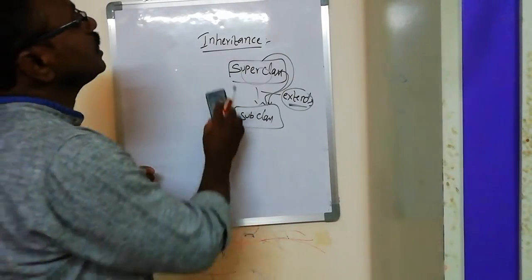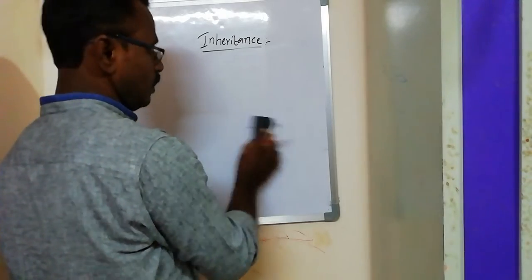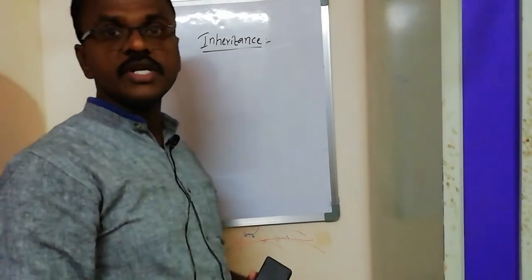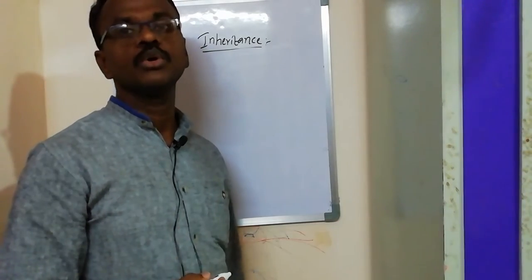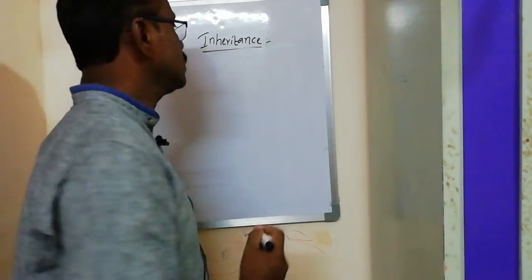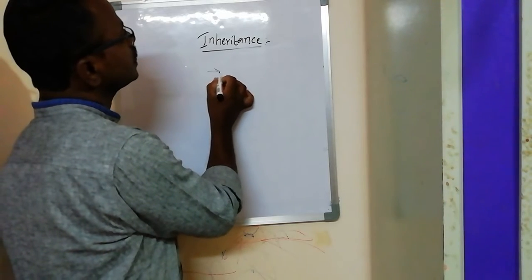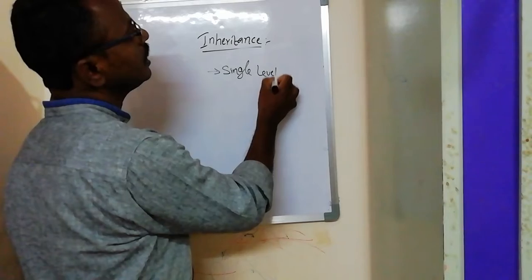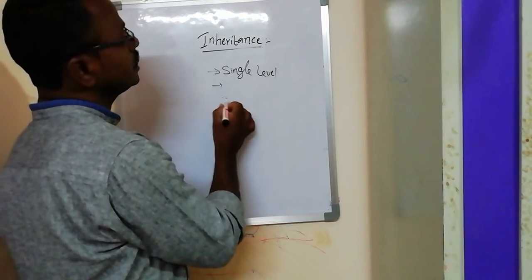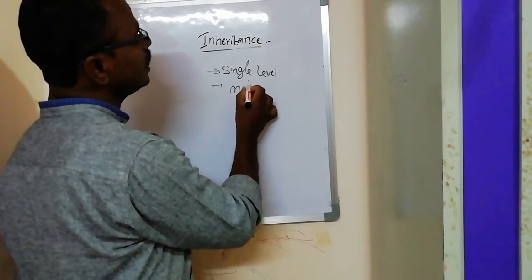The types of inheritance in Java. Inheritance is divided into 4 types. The first one is single level inheritance. The next one is multi-level inheritance.